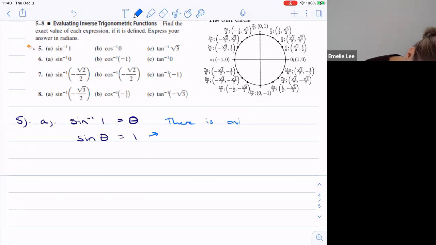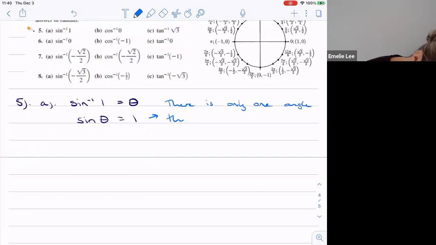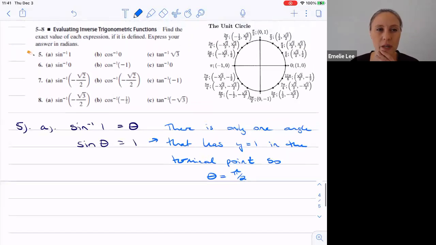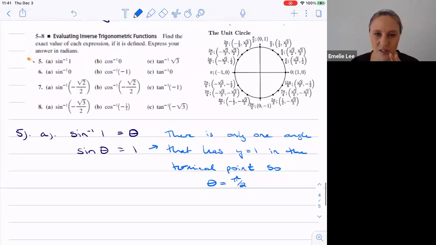There is only one angle that has y equals 1 in the terminal point. So theta must be pi over 2. Okay. So you're going to use this unit circle a lot, right?